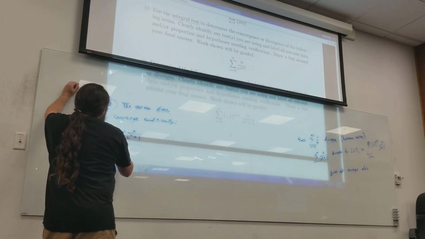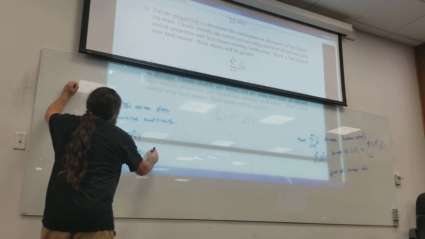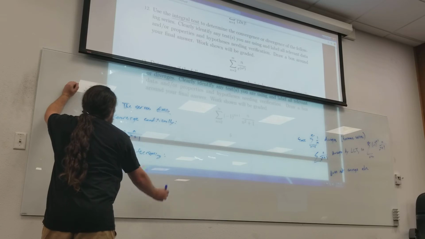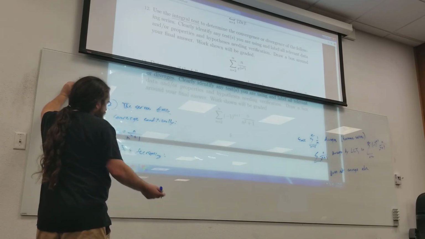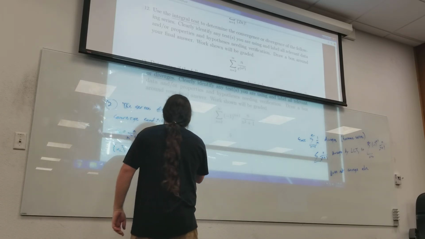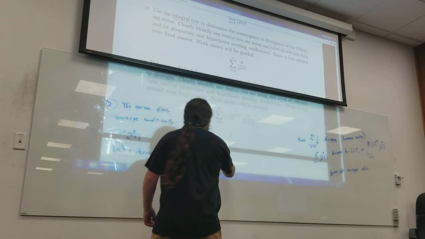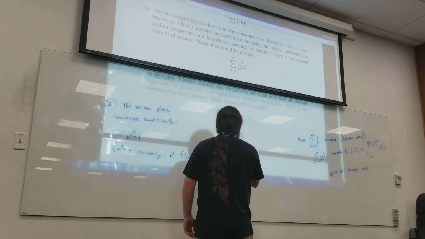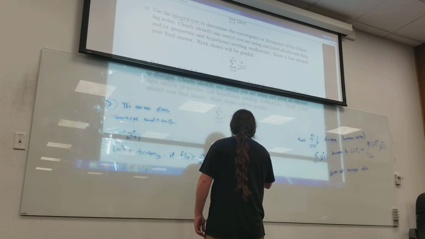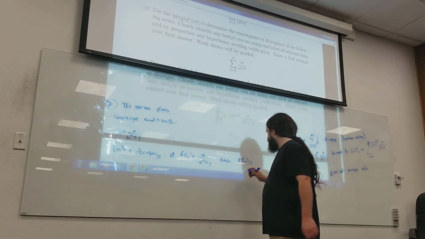All right, so claim the sequence a_n is decreasing. Again, how would you show that? Some kind of a derivative, right? All right, if f of x is the function of x corresponding to this, x over x squared plus 1, then f prime of x is quotient rule, right?